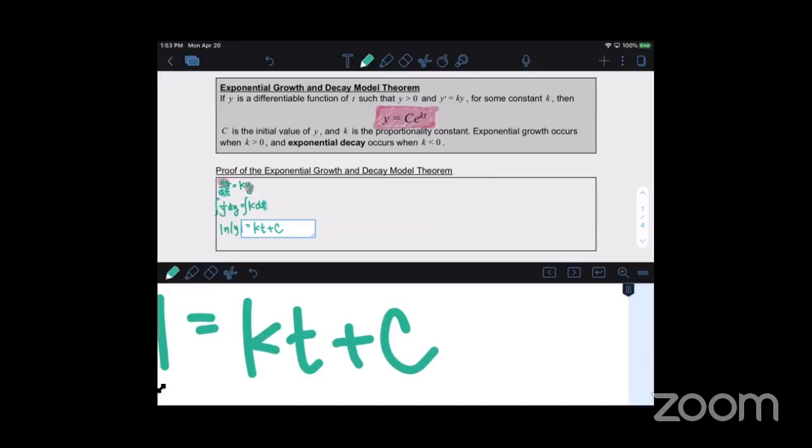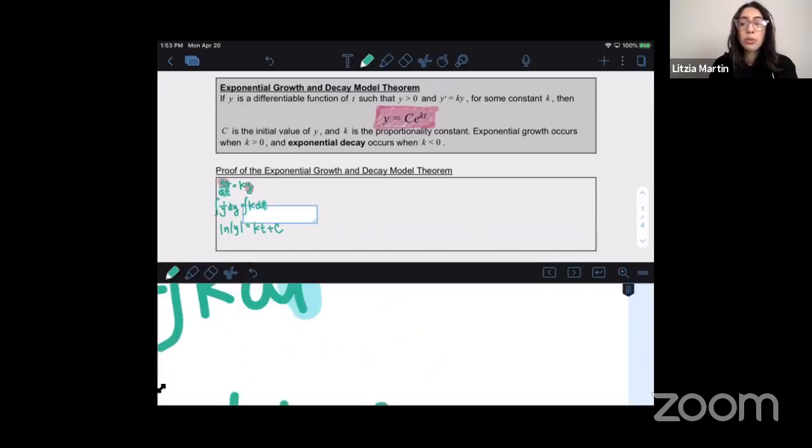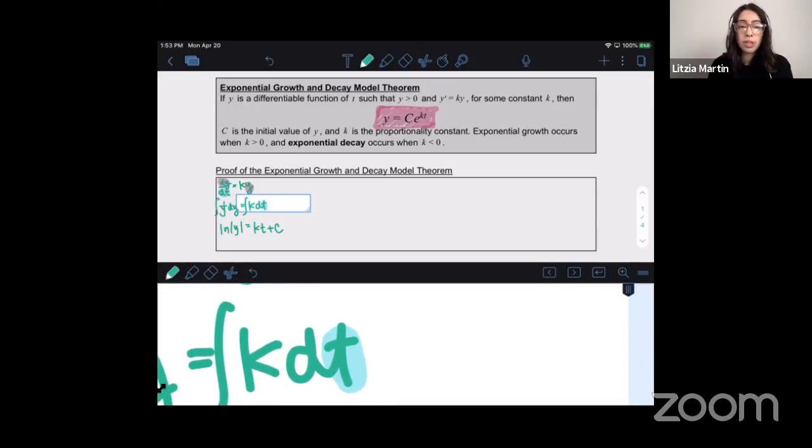Can you explain what you just said about why it's just k times t instead of like the 1/2 k squared or whatever? Mm-hmm. So k is not your variable of integration because our variable is t, it's dt, right? So you want to treat k as a number, as any constant number.